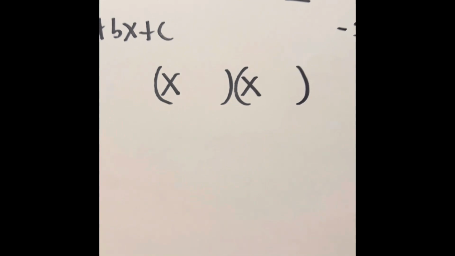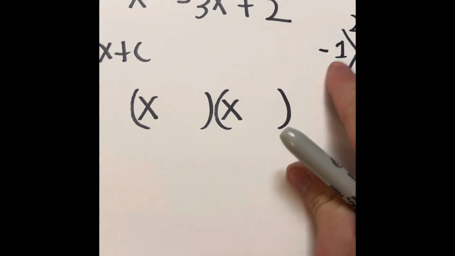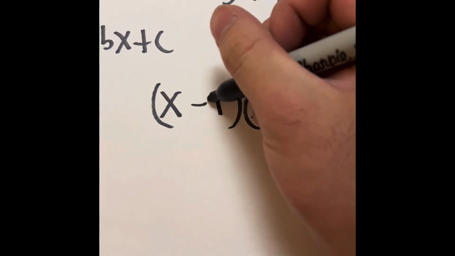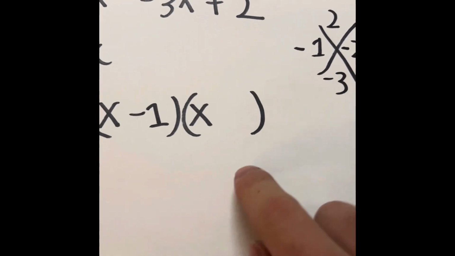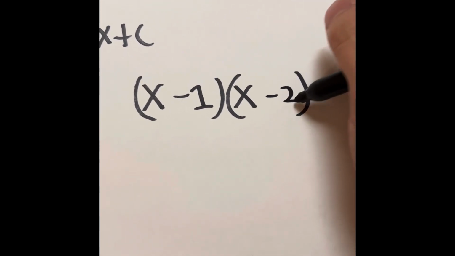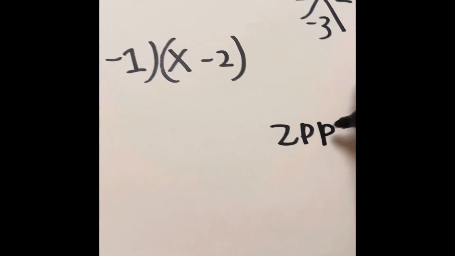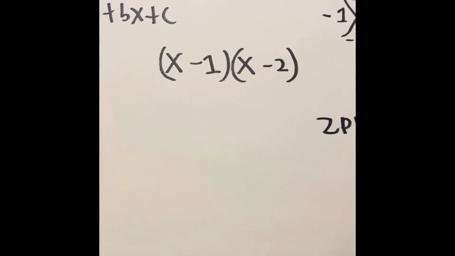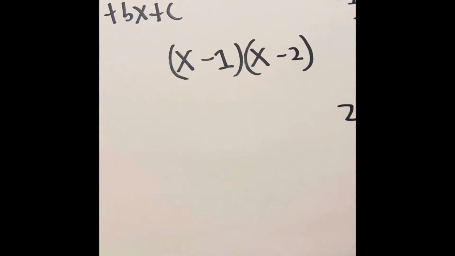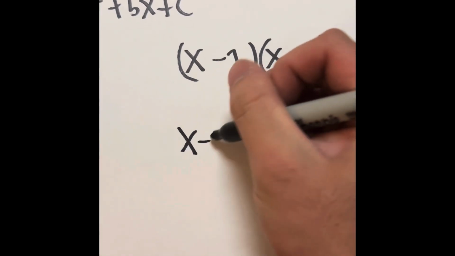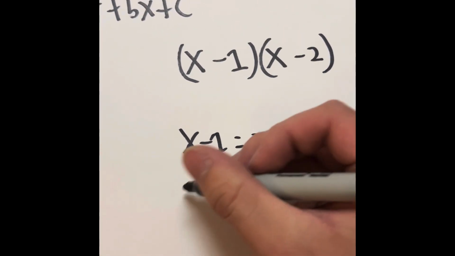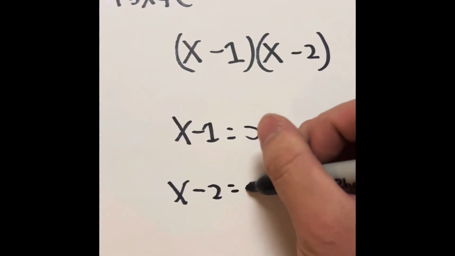So here's what happens. The first one is negative 1, so x minus 1. The second one is negative 2, so x minus 2. And using the zero product property, it will drive us to our final answer. The x marks the spot. So x minus 1 equals 0, and x minus 2 equals 0.